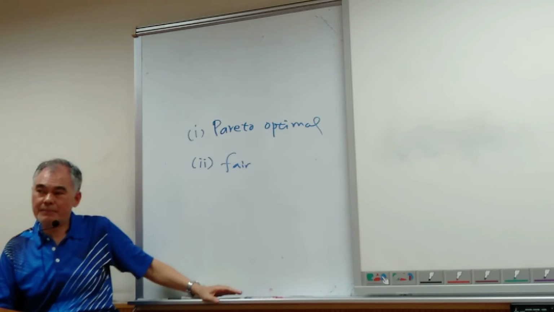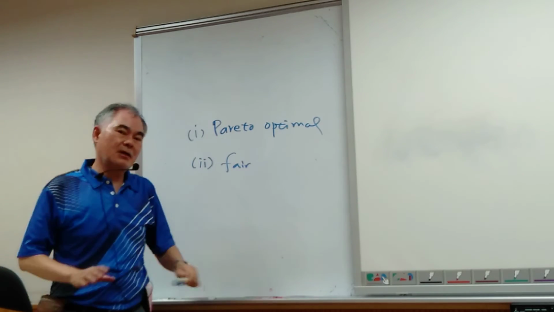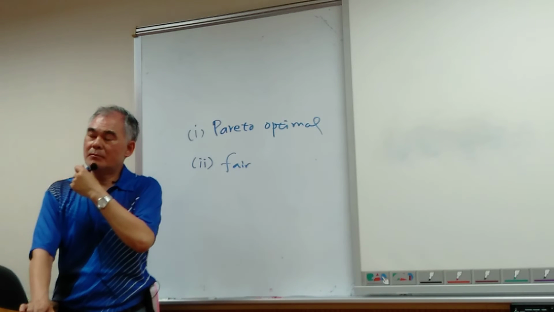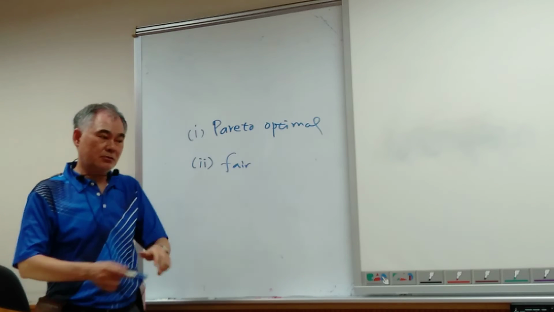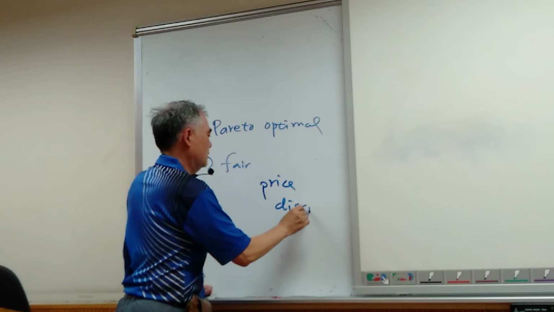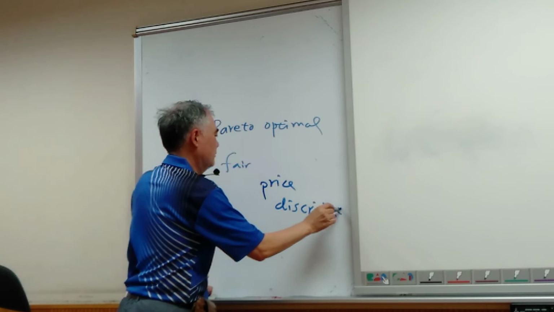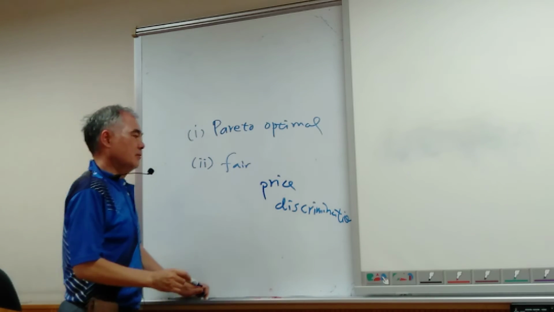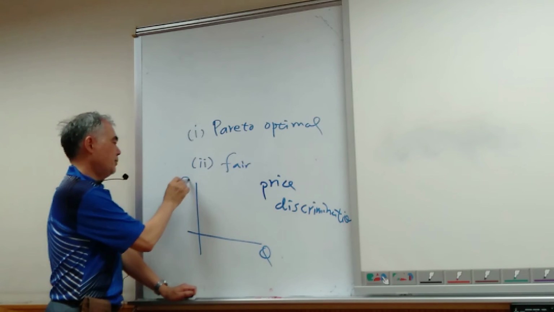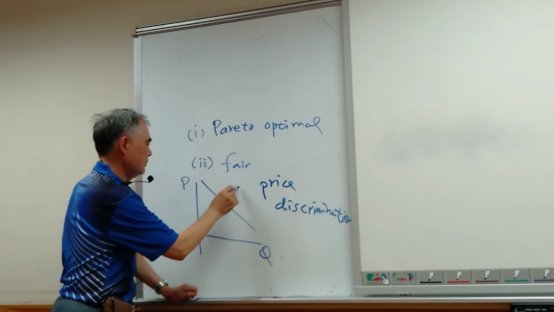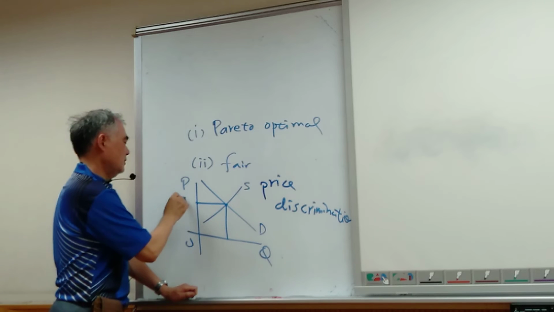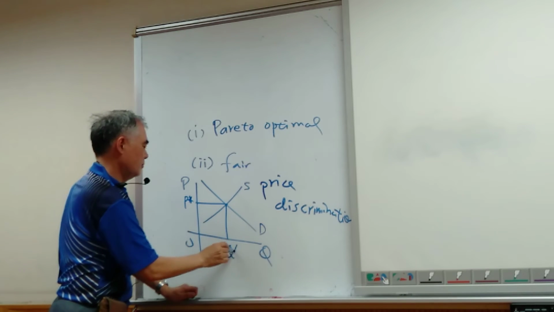The second one is fair. Let me tell you, because later on when we talk about monopoly, we have price discrimination. Let us say here it is a perfectly competitive market. So supply, demand, this is what you get: the equilibrium quantity, equilibrium price.